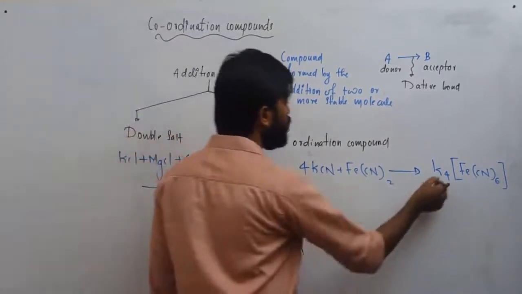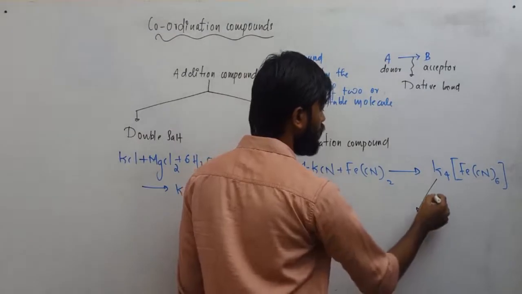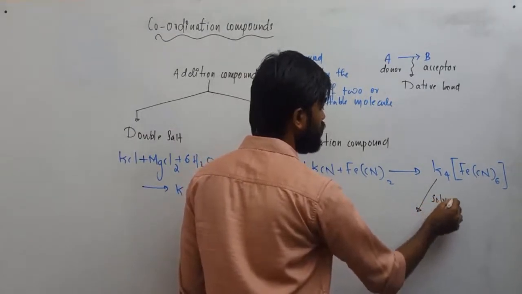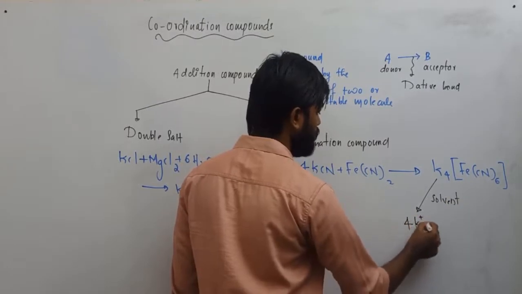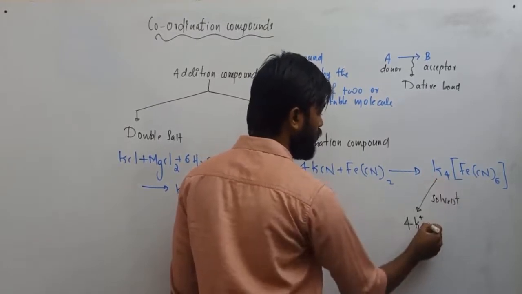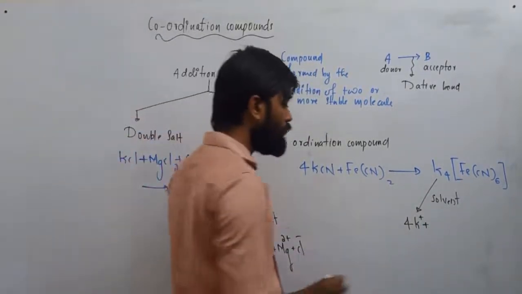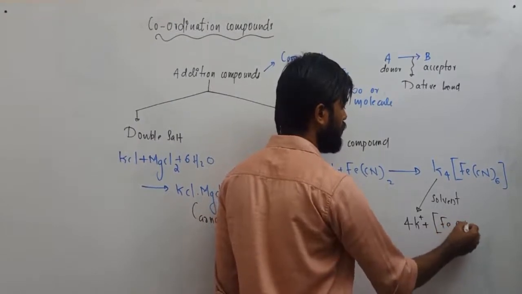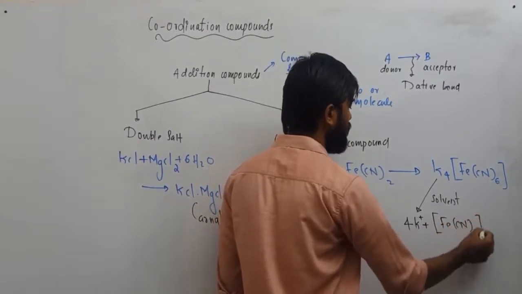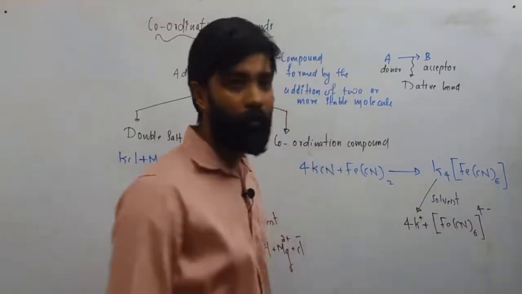Then what about the ionization of a coordination compound? When the coordination compound is dissolved in a solvent, it ionizes into two parts. One is a counterion part, and another is a complex ion. We will discuss the term counterion. For example, here the complex ion is an anion.